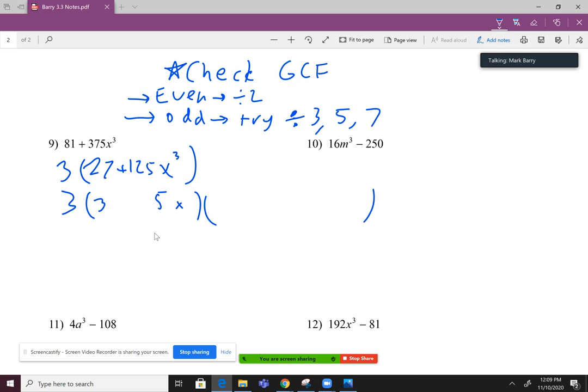All right. So then next up, we're going to build our second parentheses based on our first one. So first thing times itself, 3 times 3 gives me 9. Three times 5x gives me 15x.